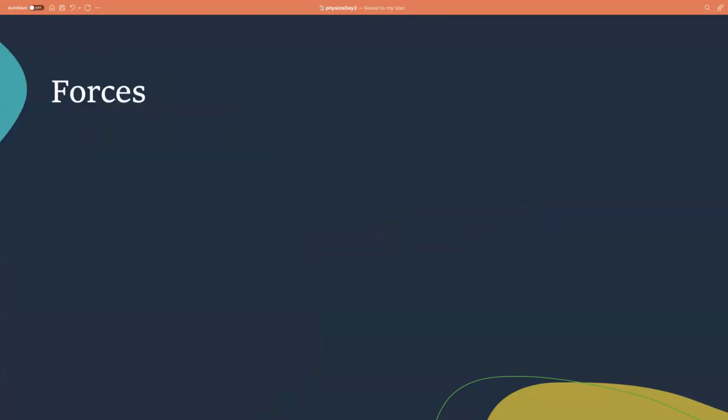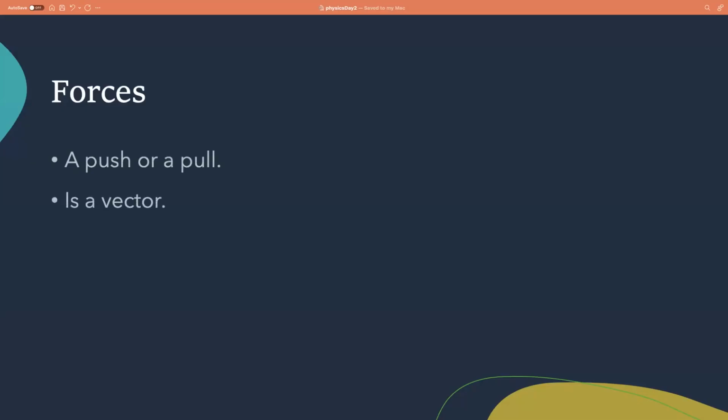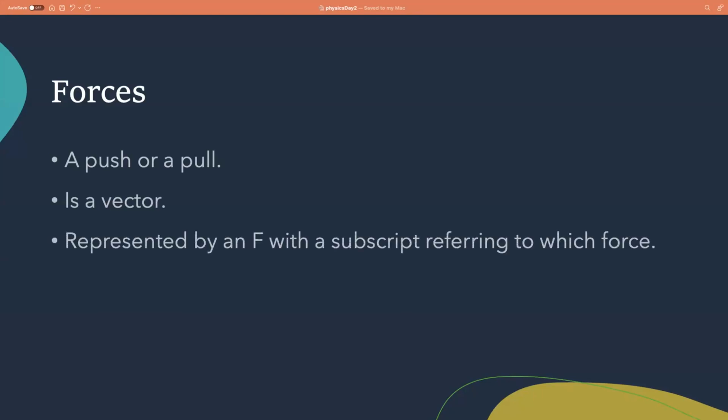So forces. I mean, everyone knows the definition of a push or a pull. And forces are, of course, going to be a vector since you can push in any direction you want to. And you'll normally see in a diagram forces labeled by an F with some sort of subscript describing what type of force it is, like friction or just the force of a hand.